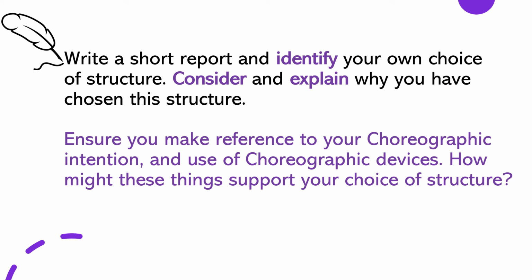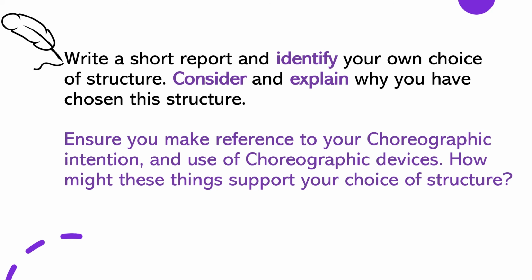Okay, so for the final task, hopefully we all understand those structures slightly better. I want you to write a short report and identify your own choice of structure. Consider and explain why you have chosen this structure. So identify the structure that you're using in your choreography, and explain why you have chosen it.